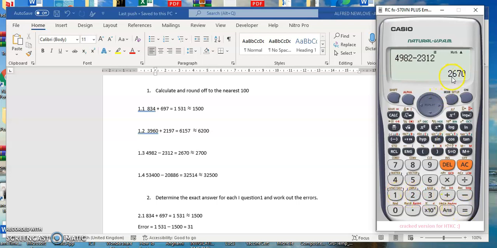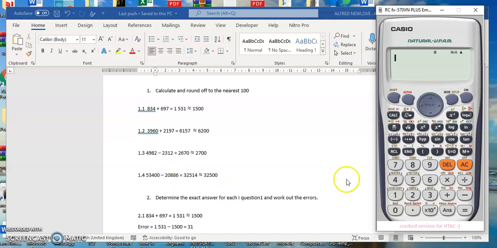And this is going to give us 2670. This is 70. 70 is more than 50. So we round it what? Up. So if you round this one up, we are going to have what? 700. So it's going to be 2700.